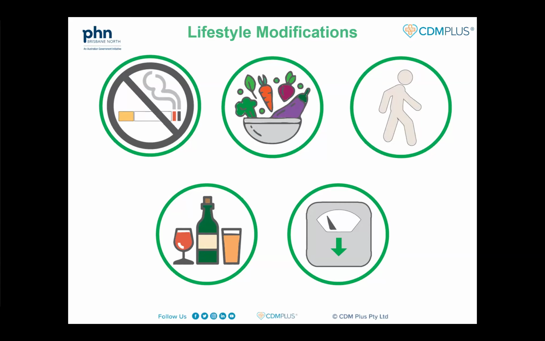So I think find out what's available, and have a couple of options. It might be that there's a free program, like a walking group as an example, and then you might have a low cost option, like a dance class or some other activity that isn't high cost, and then the patient has some options and they can choose.